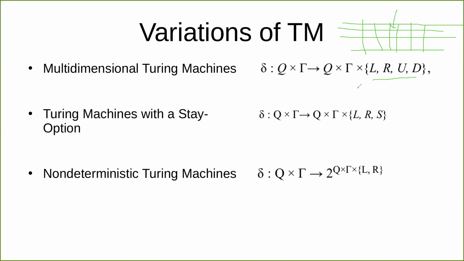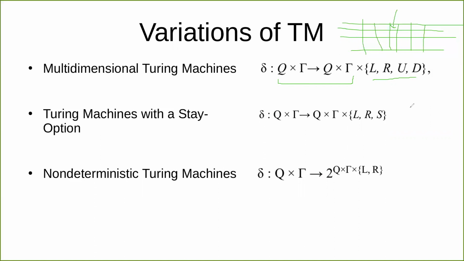This is designed for a two-dimensional, four-direction Turing machine, but there could be many more directions as well. The transition function is the same. You are in a particular state, with something written on a particular cell of the tape, and on the basis of this situation, you take an action: you go to some new state, write some new symbol at the previous position, and then move the read-write head in a particular direction, either left or right or up or down.